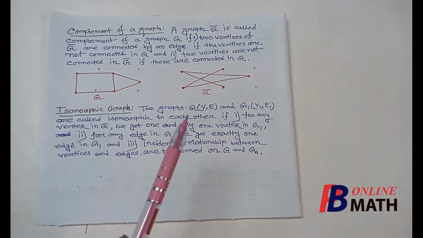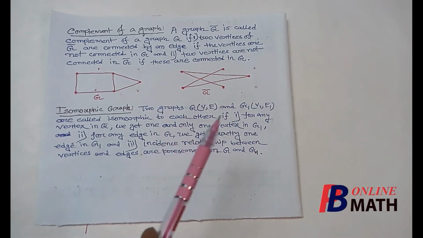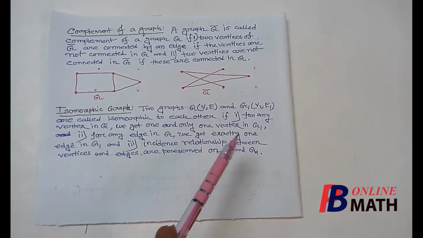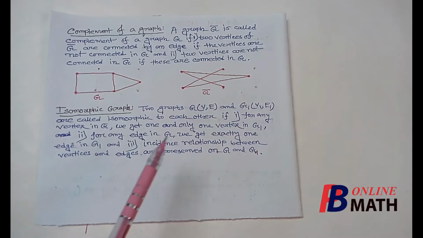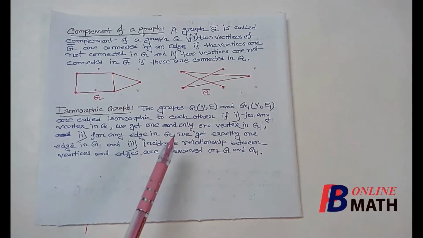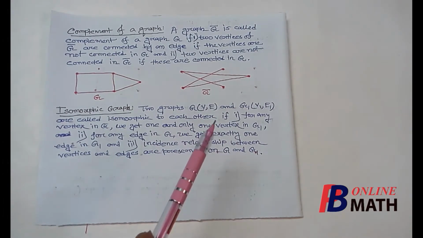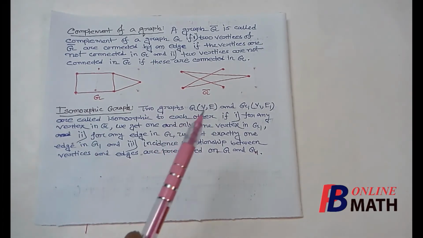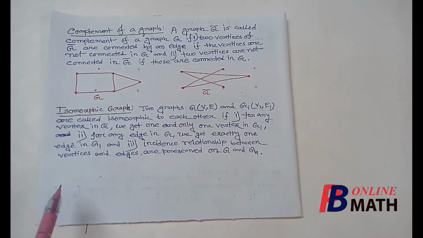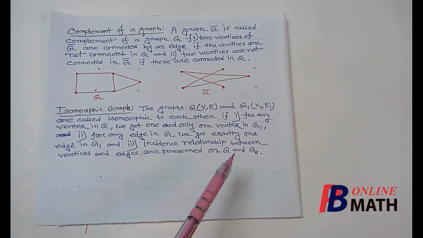So two graphs G and G1 are called isomorphic if there exists a one-to-one relationship between the vertices of G and G1, and also a one-to-one relationship between the edges of G and the edges of G1, and also the incidence relationship between the vertices and edges is preserved in both G and G1.